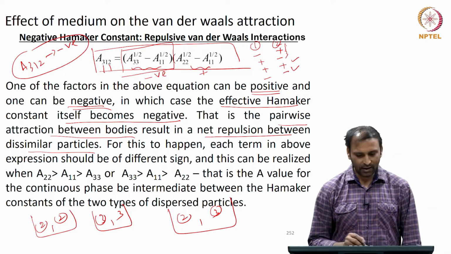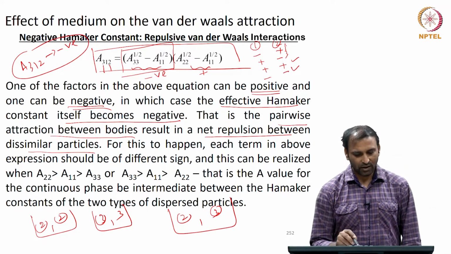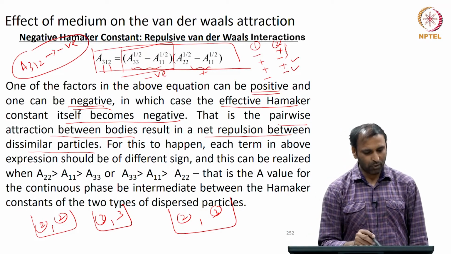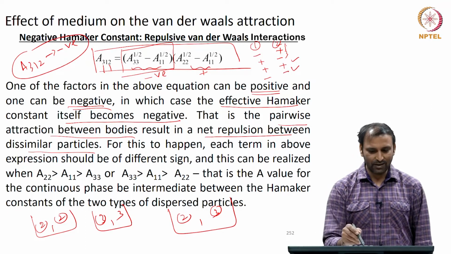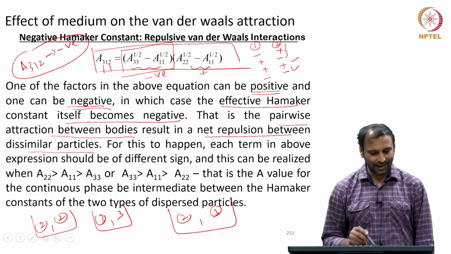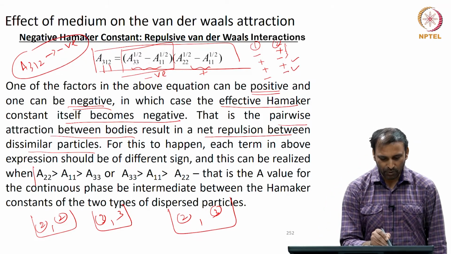And this will happen when each term in this particular expression is of a different sign. As I said, one could be positive, the other negative, or vice versa. And that would happen when this particular condition is met.